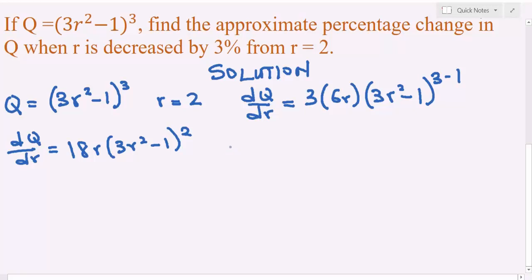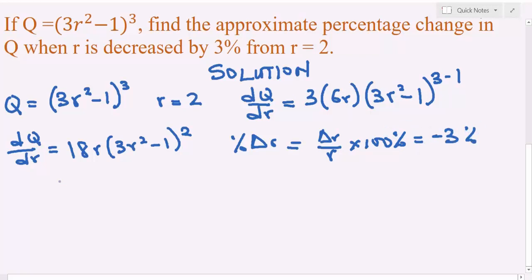Also, we know that R is decreased by 3% from 2. So we say percentage change in R, which is change in R over R times 100%, is equal to minus 3%.